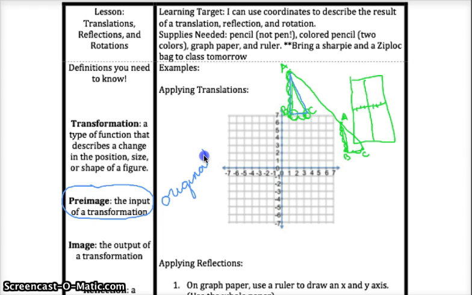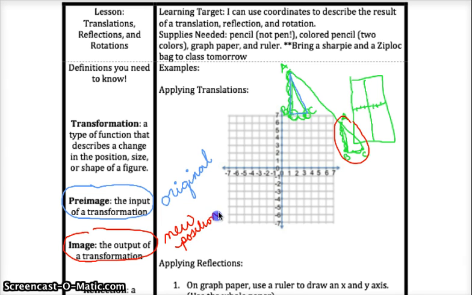If you picture this original and slide it down here, it should be the same exact shape. This new shape down here is not the pre-image anymore, but the image, which I'm going to color red. The image is the output of the transformation, the new shape or the new position.